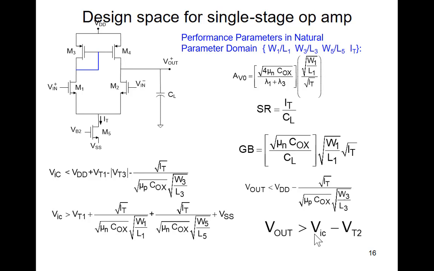So you ask the question, what does W1 over L1 do? Well, it appears in the denominator of this common mode gain expression in a square root. And it appears in the numerator of this gain expression right here. And it appears in this gain bandwidth product expression. Where else does it appear? In the numerator some places, the denominator some places, and it's in square root form. What a mess. And we can make similar comments about some of the other parameters too.